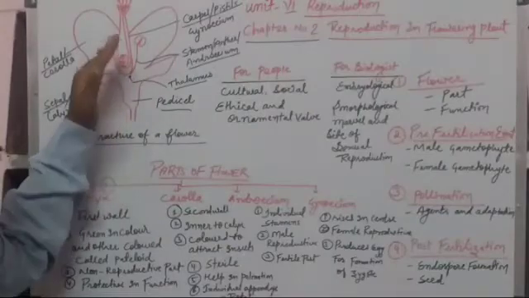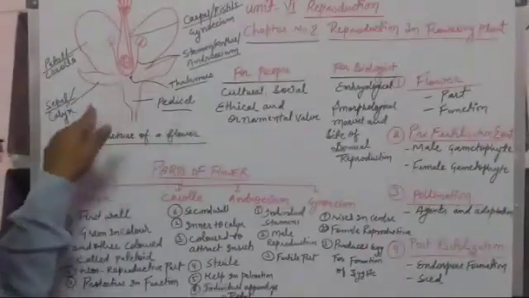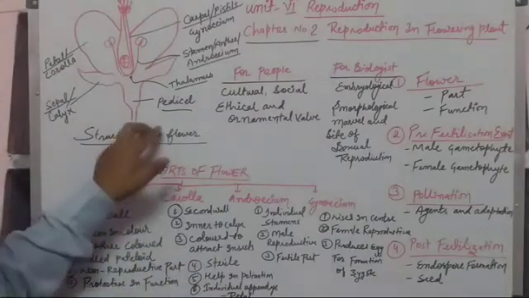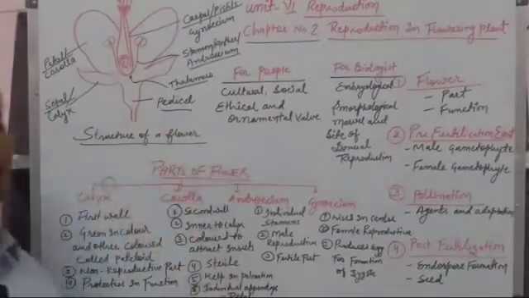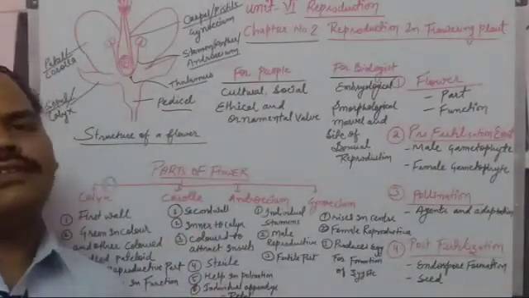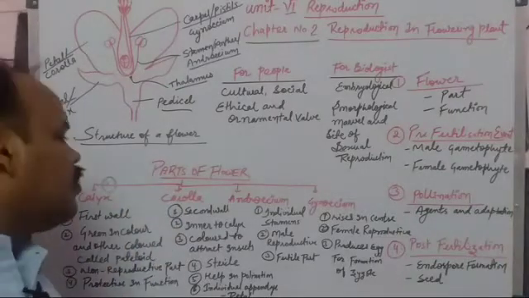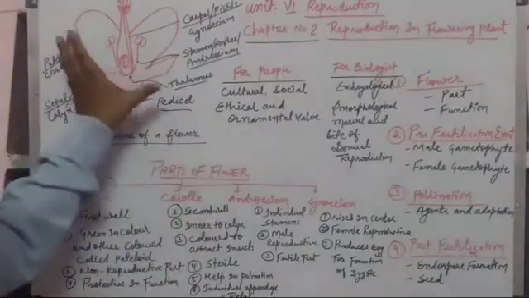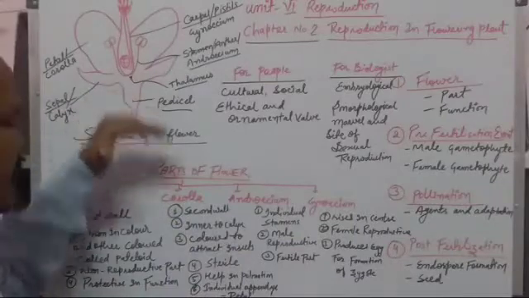This is the structure of the flower, and these are the sepals, or the calyx of the flower, which is linked by the pedicel and attached to the plant or tree. Now next, the corolla. The corolla is the second whorl of the floral appendages, and it is inner to the calyx.